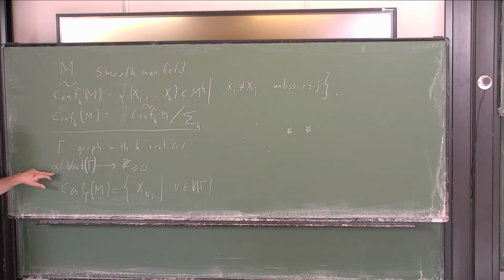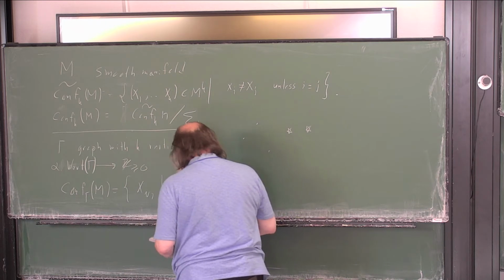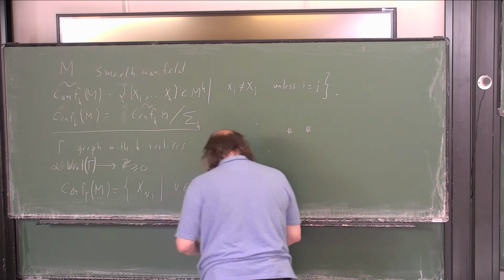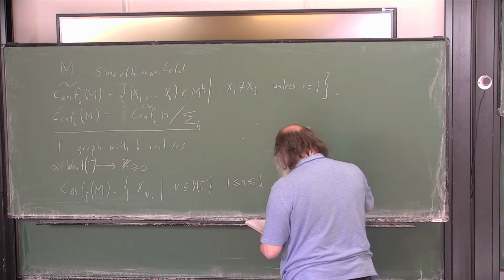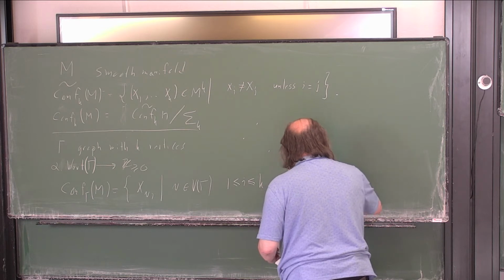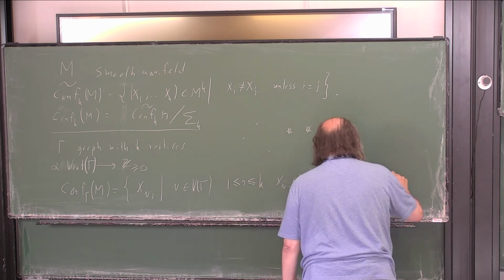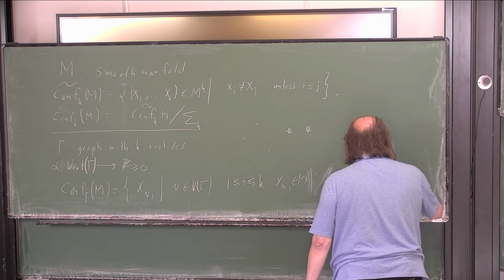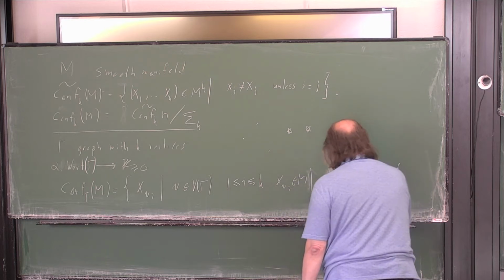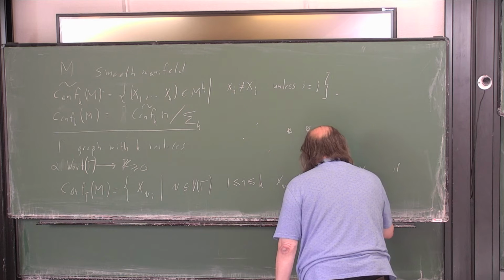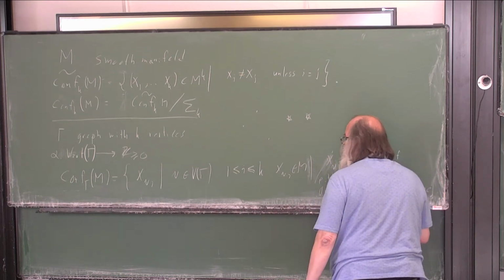For each vertex you have alpha(v) points, and these are all points of M. And now the condition is that x_{v,i} is different from x_{w,j} if either they belong to the same class, or v and w are joined by an edge.